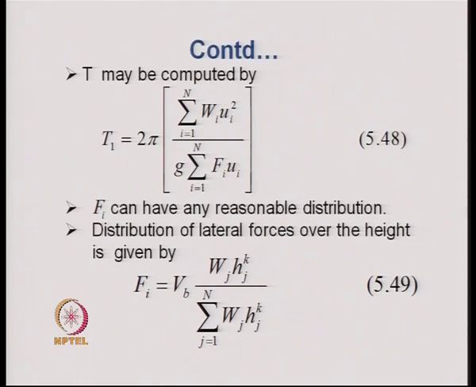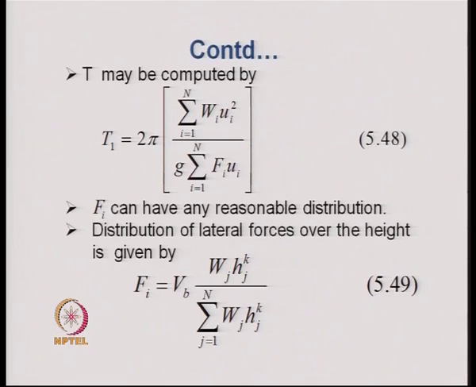Next comes the distribution of the lateral force over the height. We have discussed this at length when discussing the seismic coefficient method, and we have shown that the base shear we obtain can be distributed using a formula given by equation 5.49.